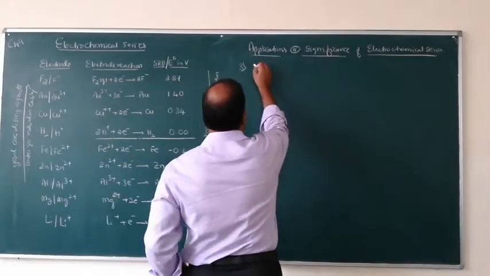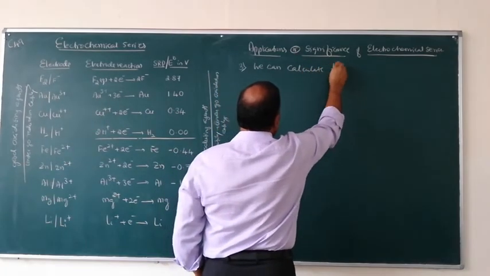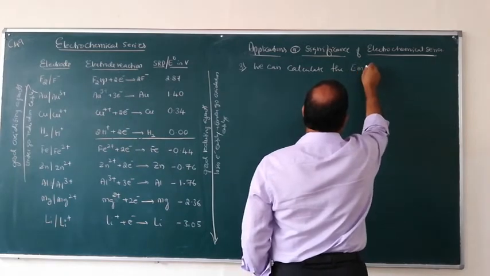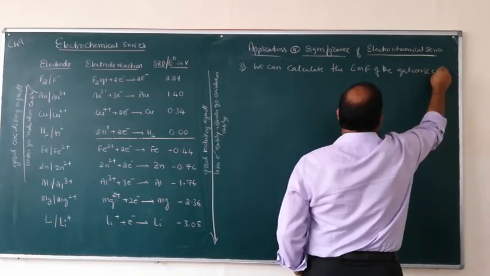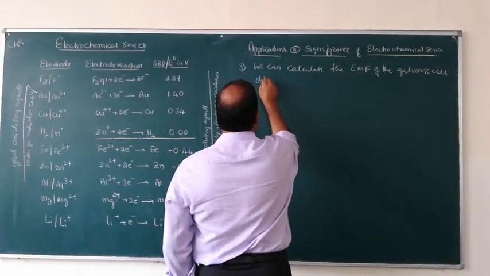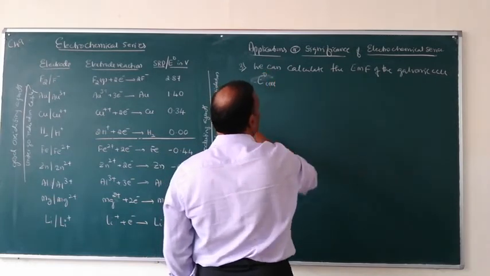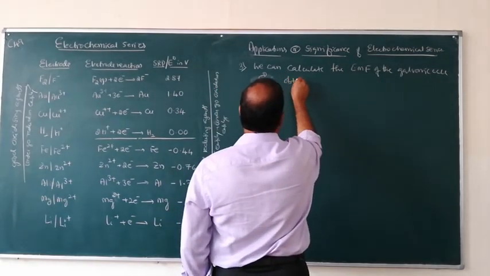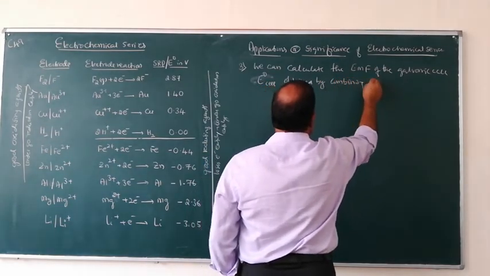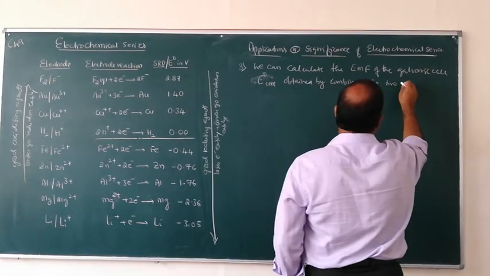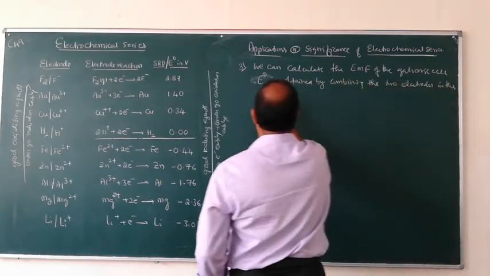Third application, we can calculate the EMF of the galvanic cell, that is E naught cell, obtained by combining the two electrodes in the series.